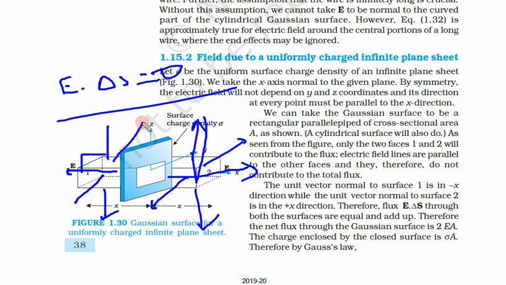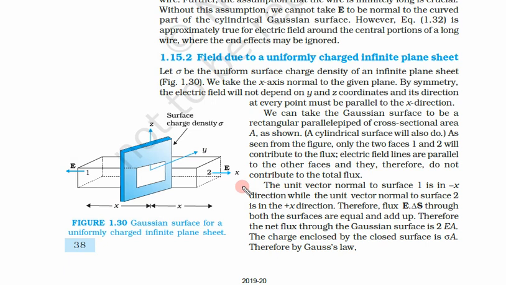The only surfaces remaining have a normal in the same direction as the electric field, and each has area A.